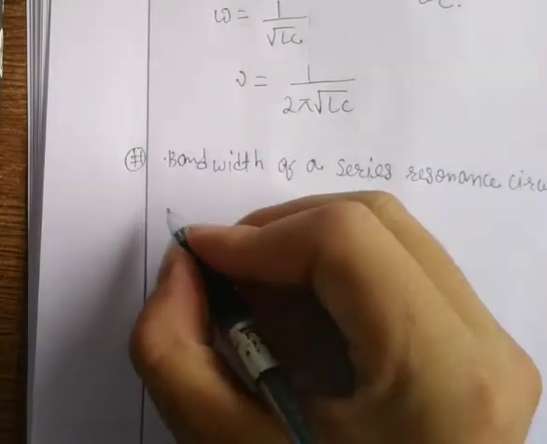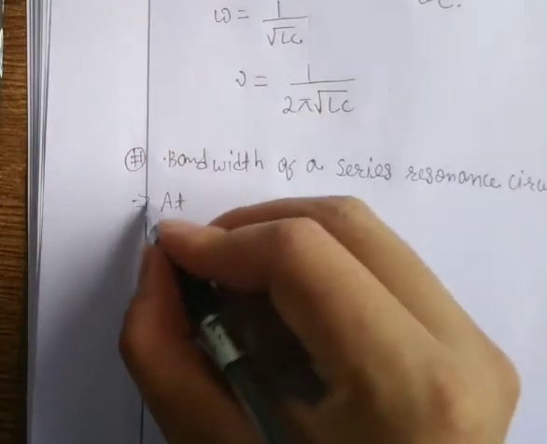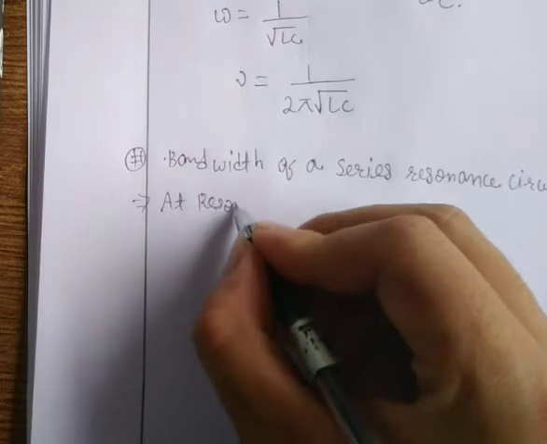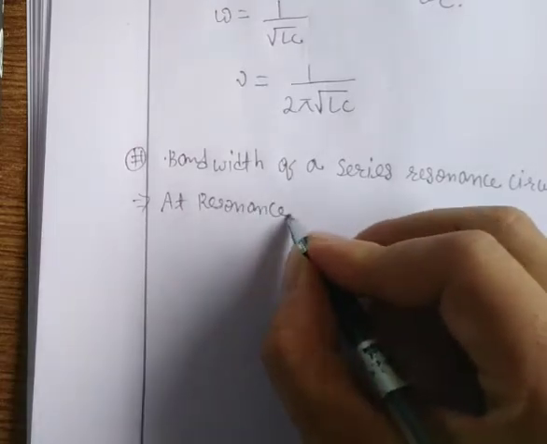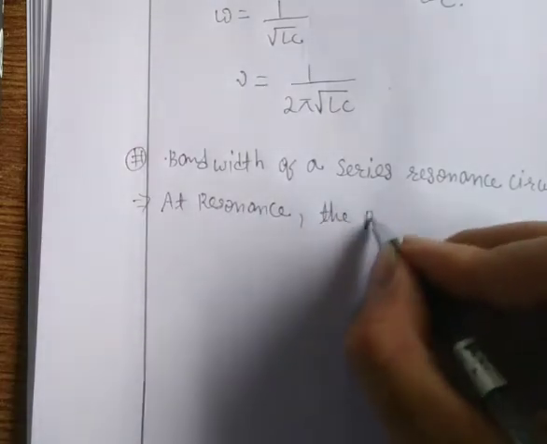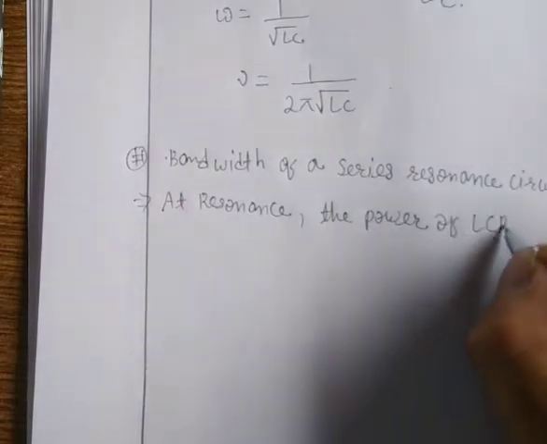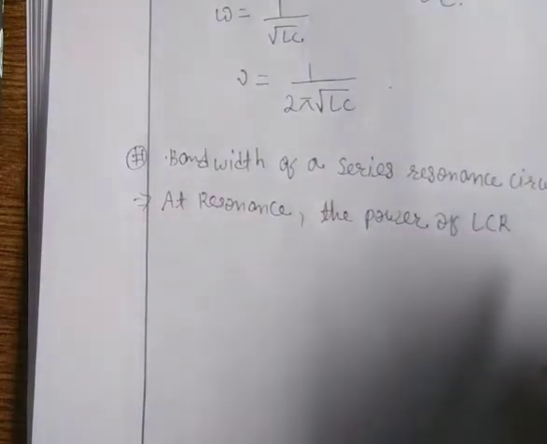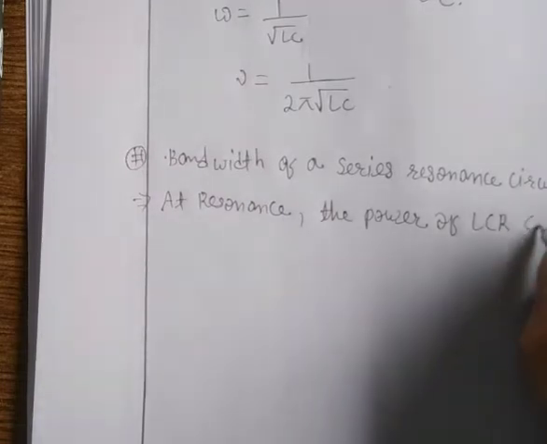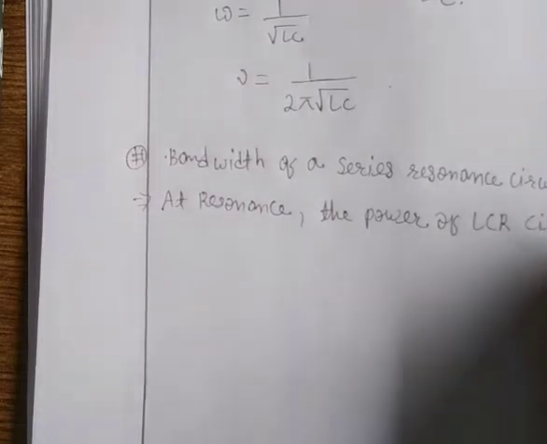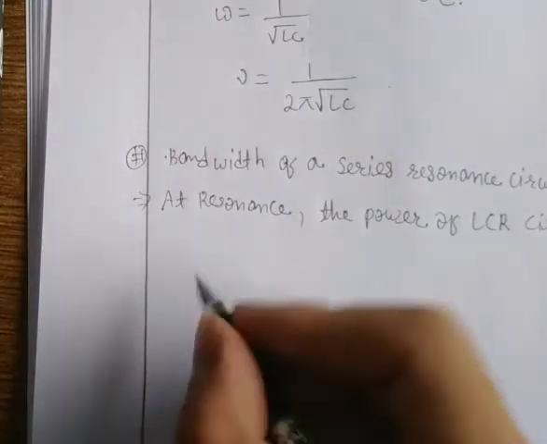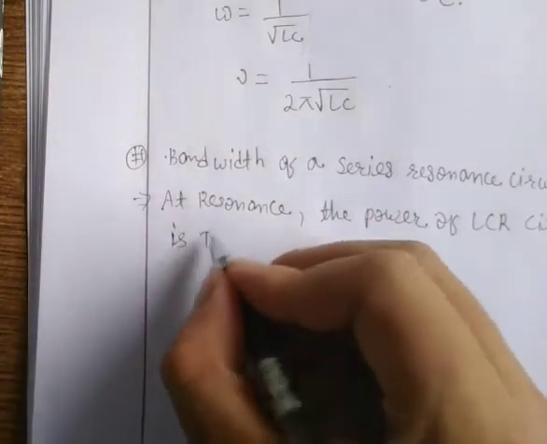At resonance, the power of a series LCR circuit is I square R, where the current is at its maximum at resonance.